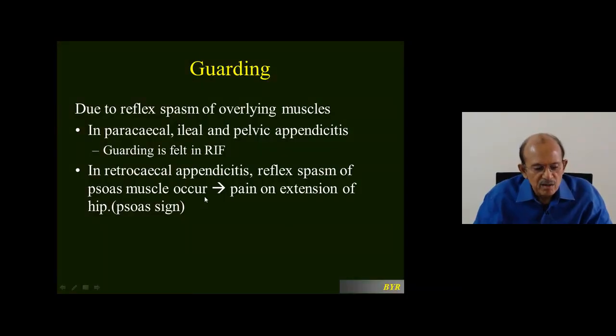Psoas major muscle is situated on the front of the hip joint. Iliopsoas muscle is a powerful flexor of the thigh. It is a flexor, it is not an extensor.